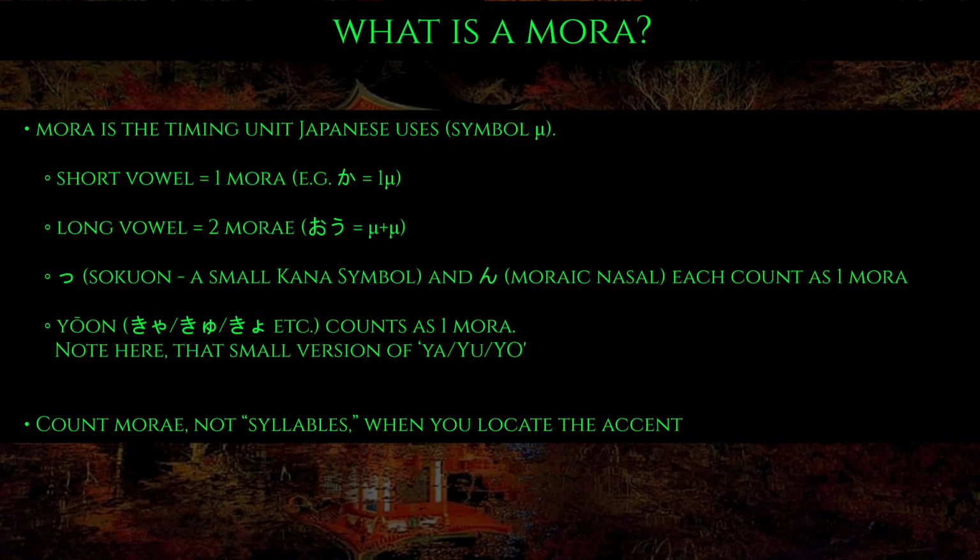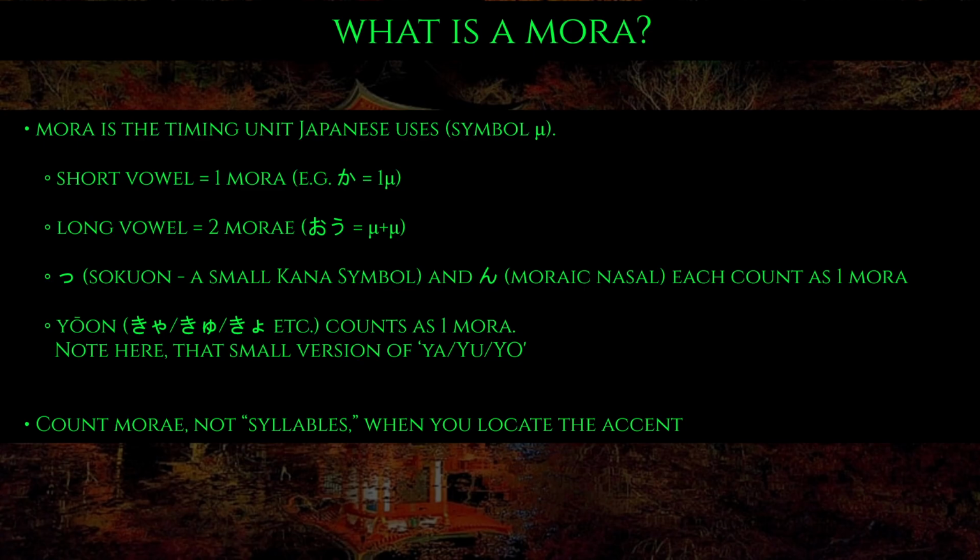Then we have something called sokuon. As you can see, that is the small tsu, that basically doubles the consonant right after. And we have the moraic nasal, which is n. Each of those count as one mora. And then we have something called yoon, also counting as one mora.